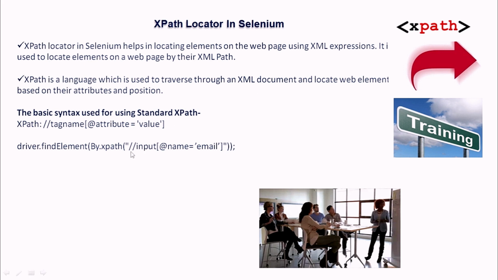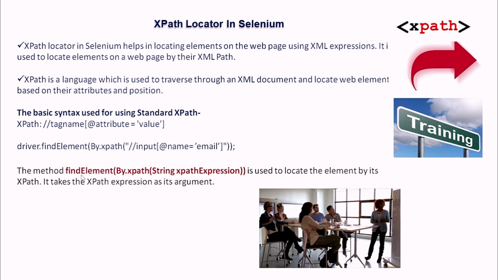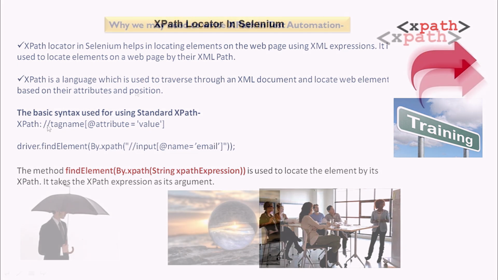We start with double slash input, bracket, @name equal to the value of the name. The method findElement(By.xpath(expression)) is used to locate the element by its XPath. It takes the XPath expression as its argument. So we need to provide the XPath argument in the XPath locator, and the XPath argument always starts with the double slash.